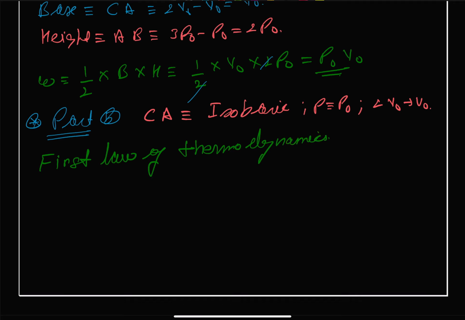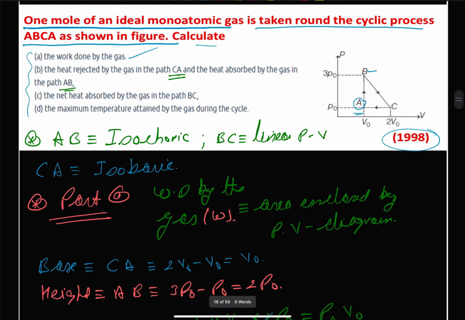It gives us heat for path CA will be equal to change in internal energy for path CA plus work done for the path CA. And first of all, let's find out the internal energy. So we can say our change in internal energy, the basic formula is n C of V delta T, and the gas given to us is monoatomic.